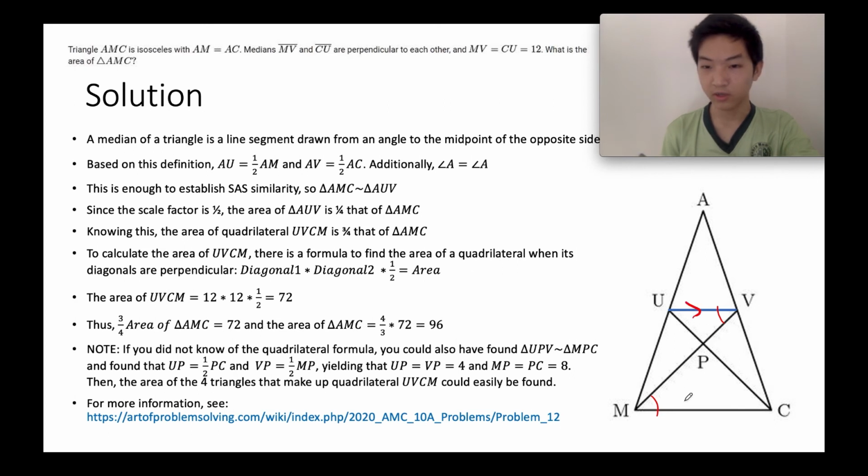And then we know that UV is parallel to MC. And also PCM, which is this angle right here, would be congruent to VUP. So that's enough to establish similarity between triangle UPV and MPC.